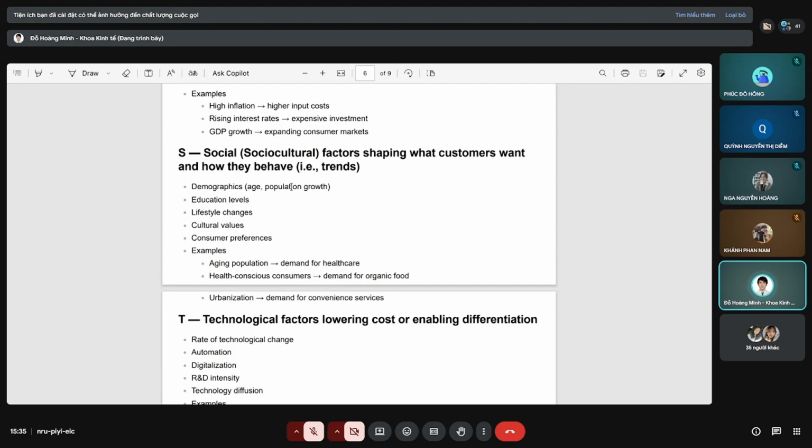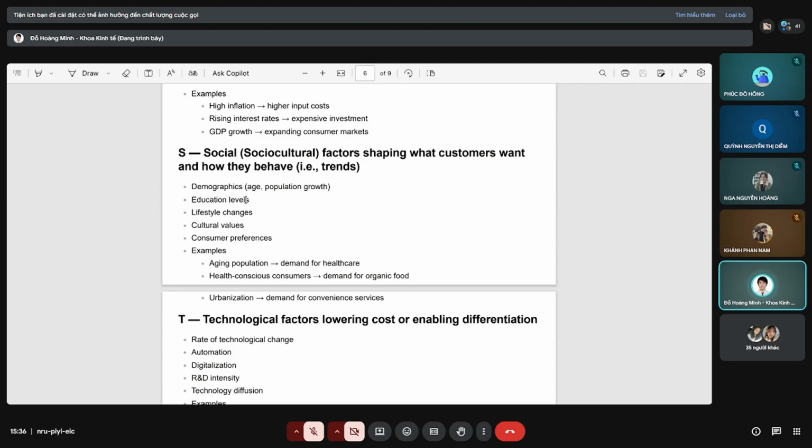If some economy is facing an aging population, that economy needs services and products for the elderly, for example healthcare products, rather than entertainment products. Also the education level of the customer, lifestyle change, cultural change, or customer preference.